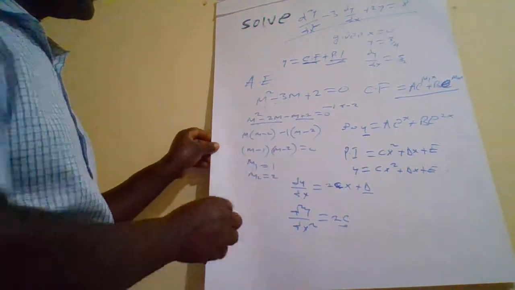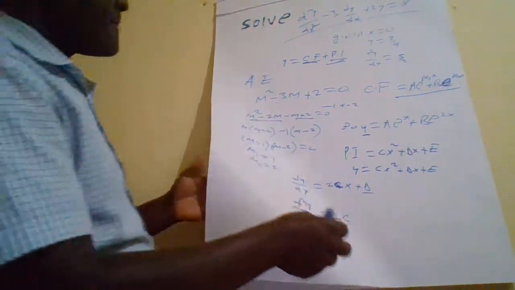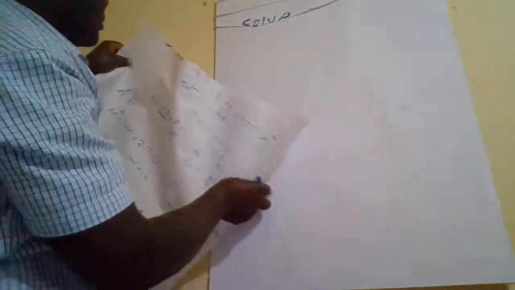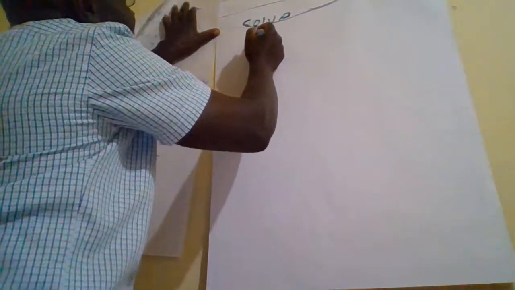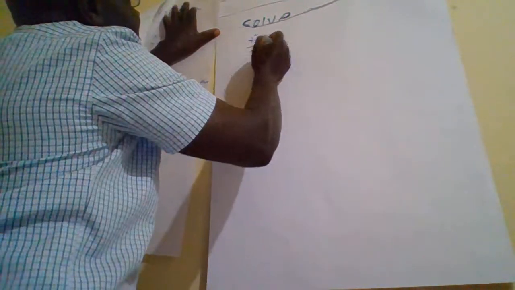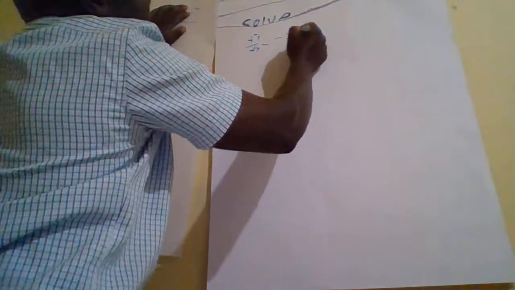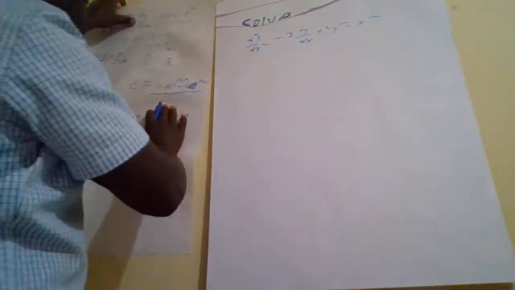The given equation is d²y/dx² minus 3 dy/dx plus 2y equals x squared.